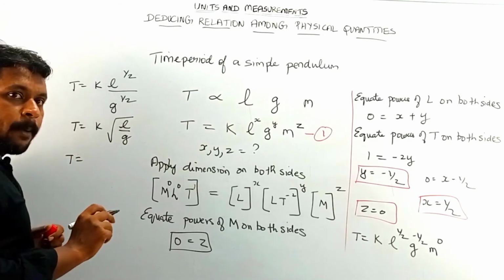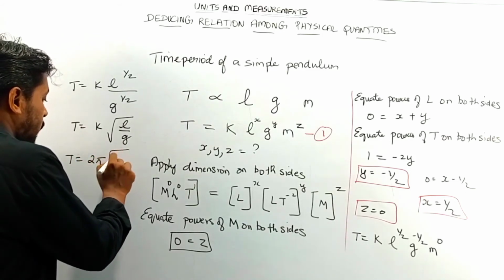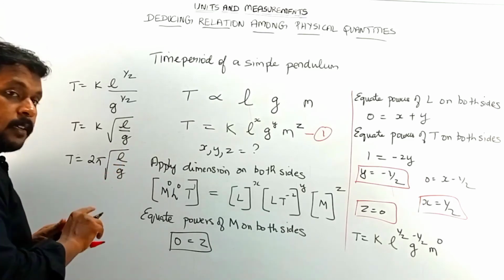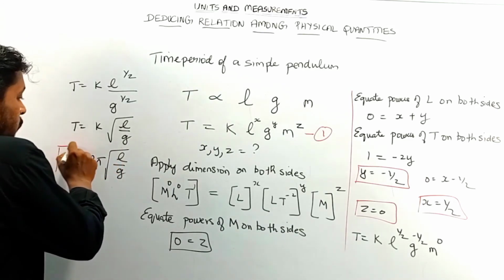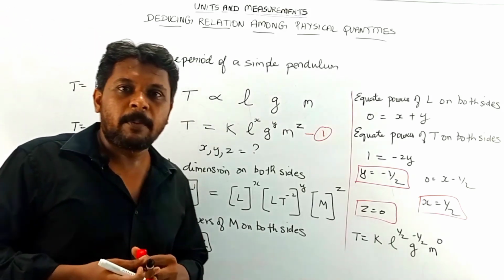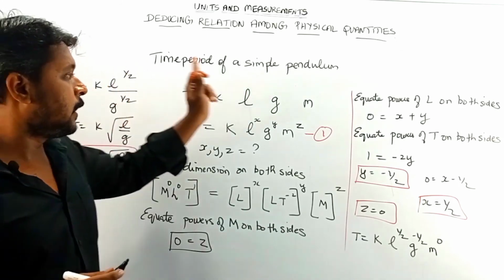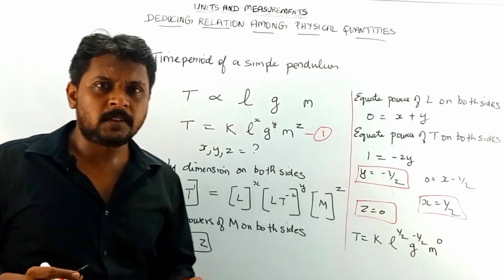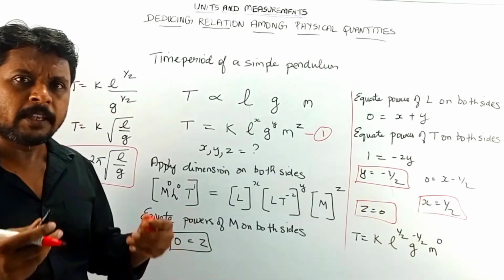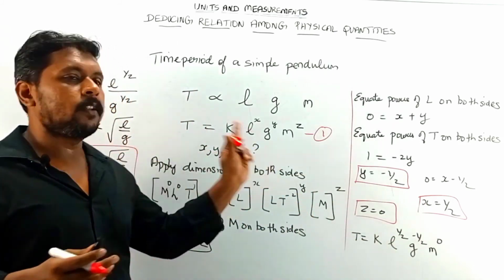Finally, I am going to substitute the value of this constant as 2 pi: T equals 2 pi square root of L by g. This is the formula for the time period of a simple pendulum that we use on many occasions. This is the way of finding the relationship among physical quantities. While problem solving, they will give the dependent variable and the independent variables, and you have to follow this methodology.